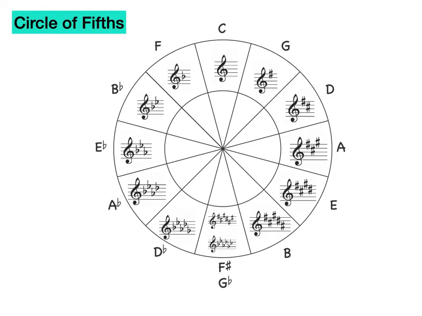But we can actually use the circle of fifths to help us work out our natural minor scales. On the outside edge of this circle, we have our major scales. But in the middle, we can add in our minor scales.